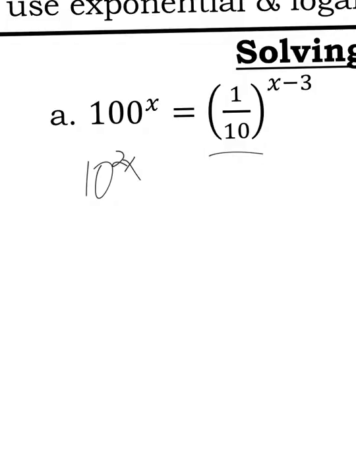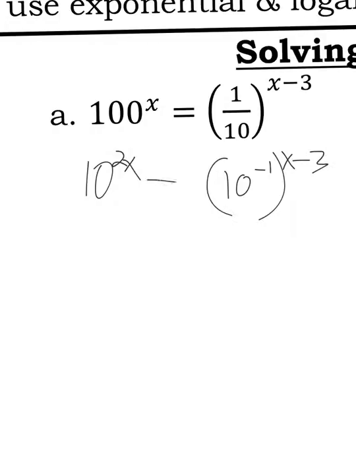We know that negative exponents make fractions. So 10 to the first power is 10, but 10 to the negative first power is 1 over 10. So I'm just going to change this 1 over 10 to a 10 to the negative 1 power, and that was being raised to the power of x minus 3.